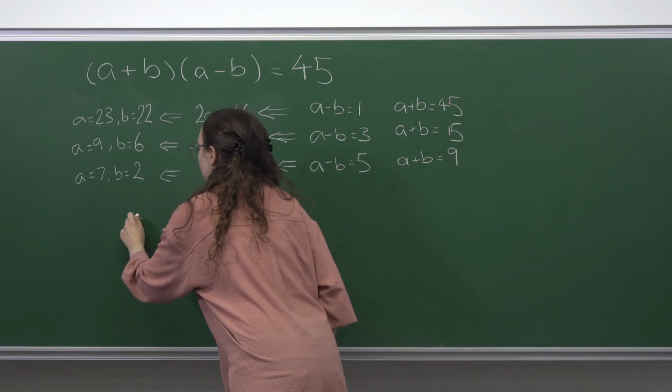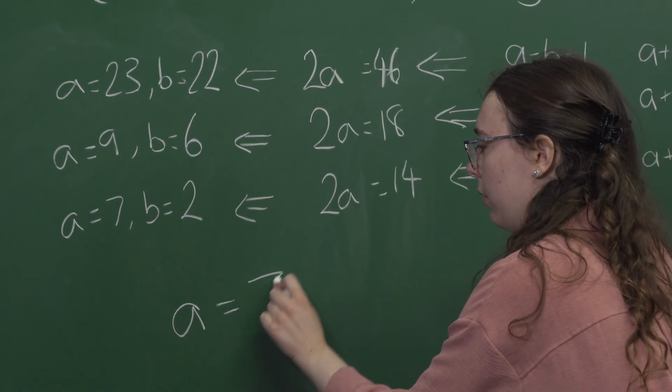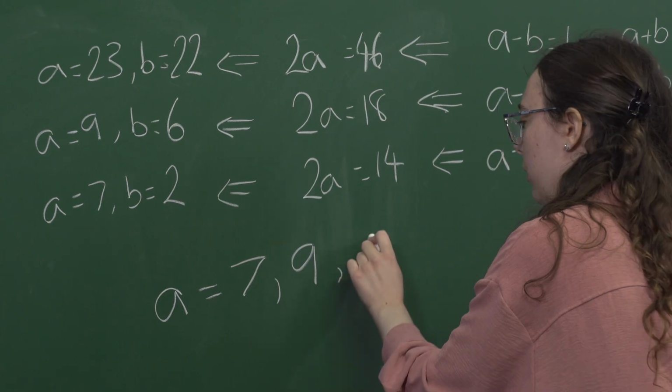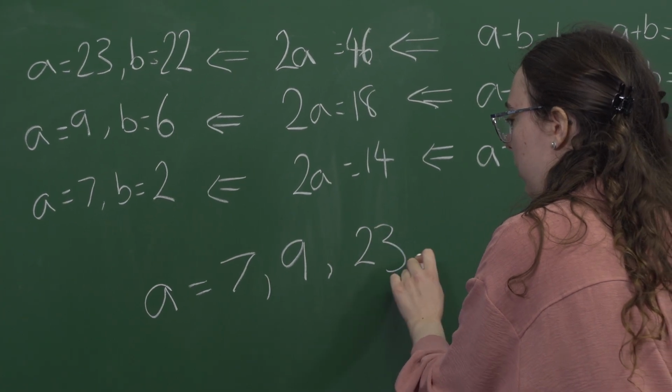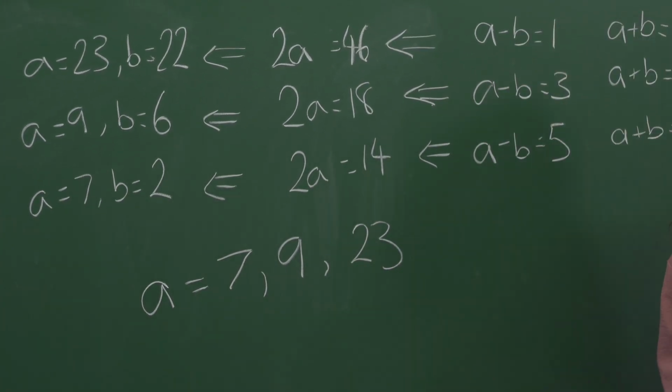So this gives us the solution that a is 7, 9, or 23.